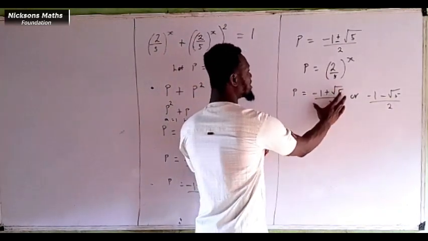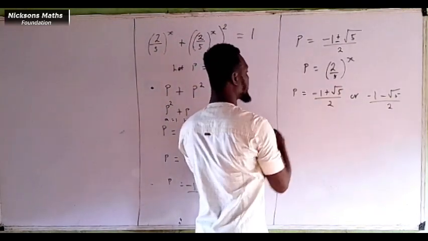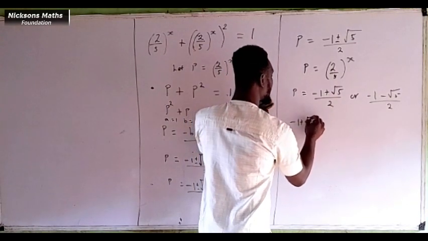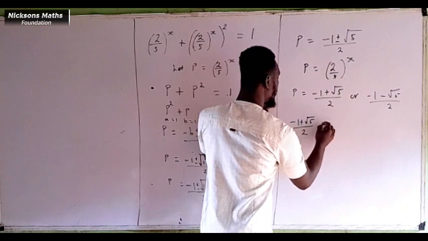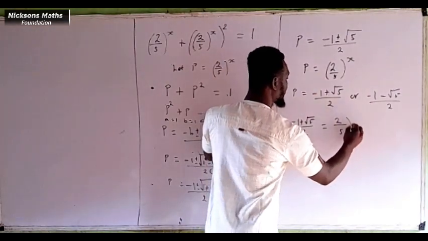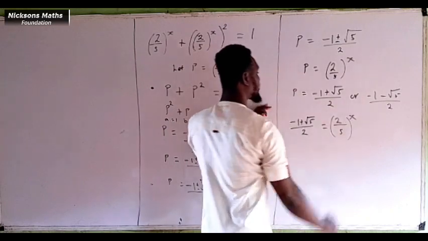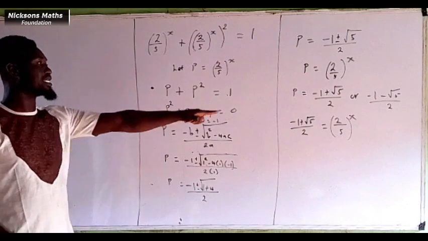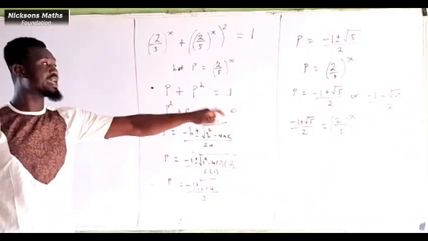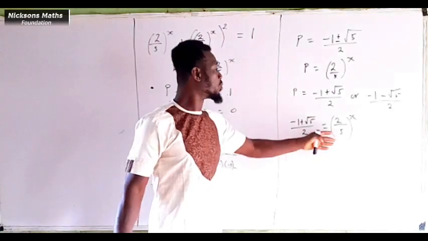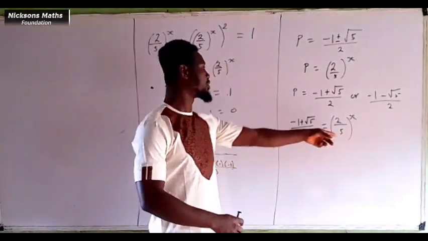So now let's substitute this first value here. Since p is this, we can substitute this here. We substitute minus 1 plus root 5 all over 2 equals to 2 all over 5 raised to power x. This is an exponential equation, so we can easily find the value of x here. For us to find the value of x, we'll log both sides.